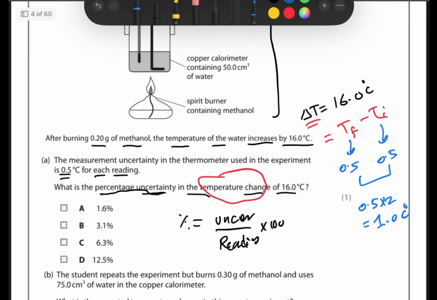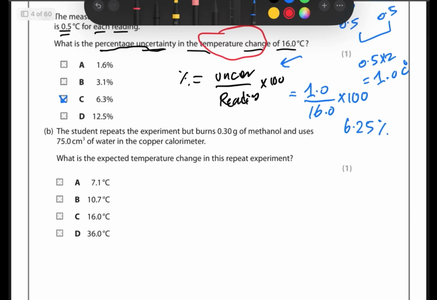And if we apply this rule in here, it's equal to 1, which is the uncertainty, over the reading, which is 16 degrees Celsius, and we multiply it by 100, it gives us 6.25%, which is C.